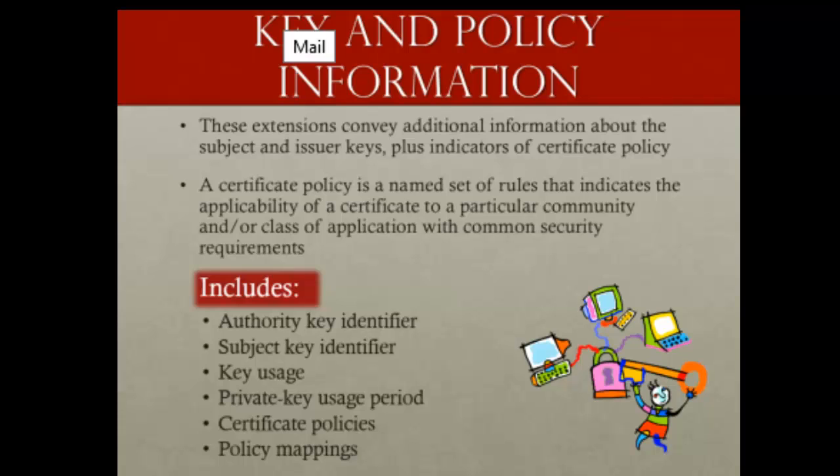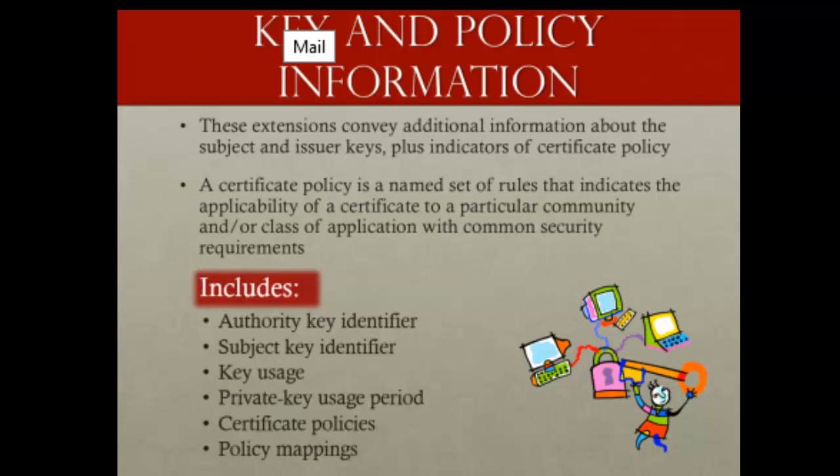A certificate policy is a named set of rules that indicate the applicability of a certificate to a particular community and/or class of application with common security requirements. For example, a policy might be applicable to the authentication of electronic data interchange, EDI, transactions for the trading of goods within a given price range.